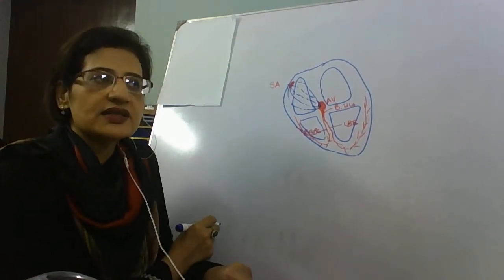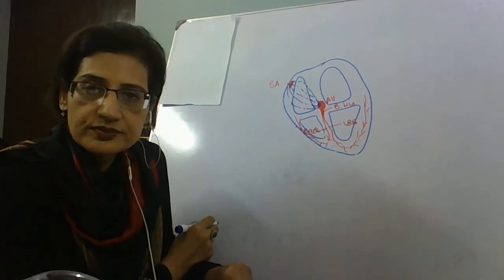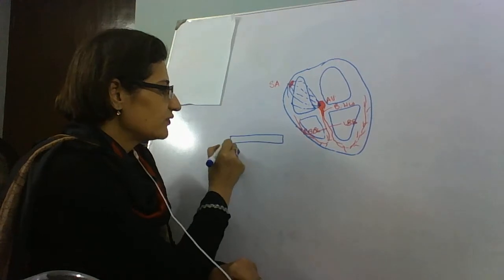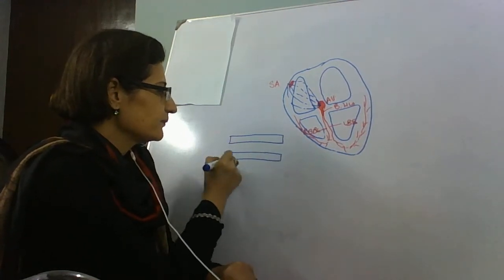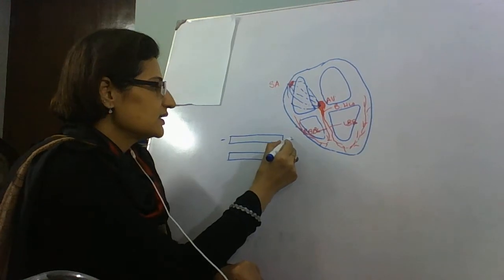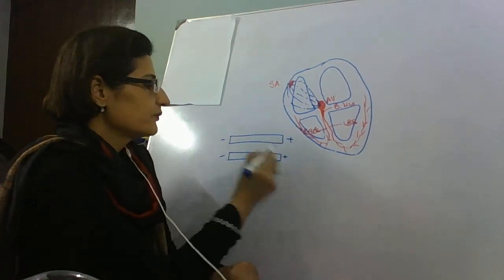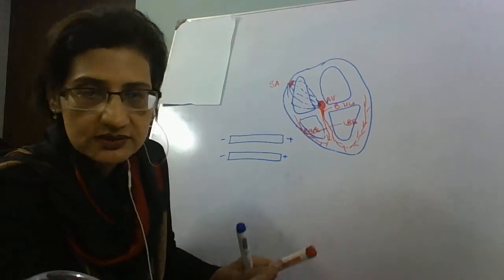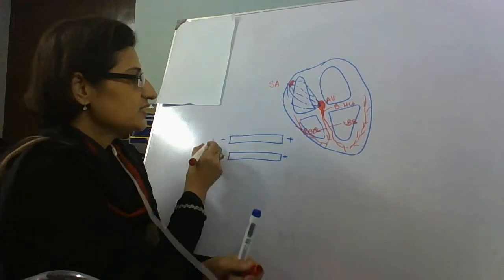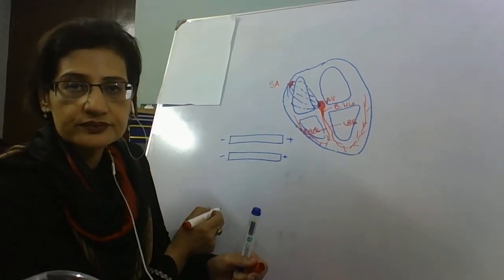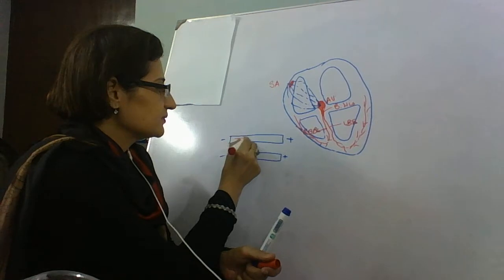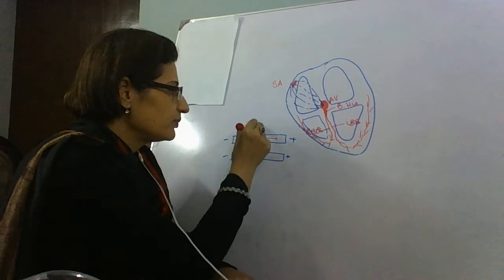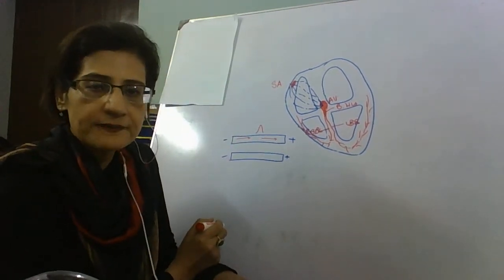You remember last time when I took the first presentation, I explained to you the very basics of ECG, that if the flow of the vector or the current is from the negative pole to the positive pole, like this, the deflection which you see on the ECG would be a positive one, right?